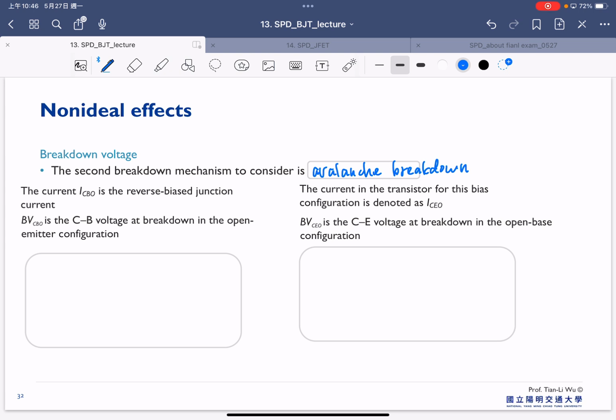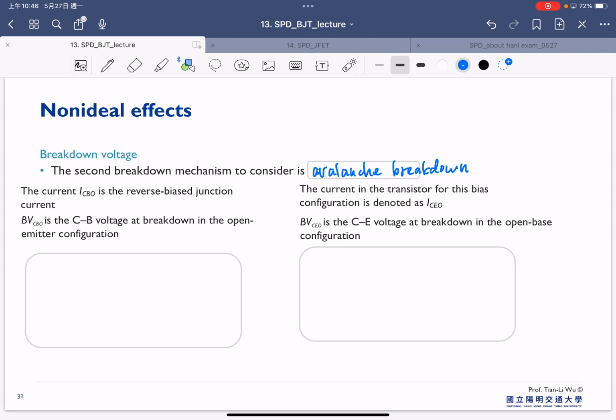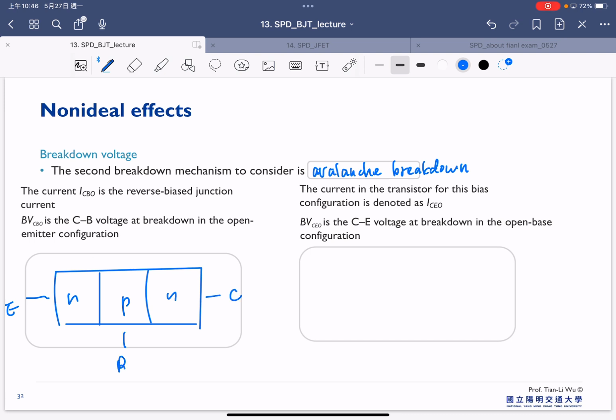But in our case, we have to consider two kinds of breakdown. The first one, if you look at the schematic for the BJT, shown here, we have the NPN, we have the emitter, we have the collector, we have a base here. The first one is what we call the BVCBO.